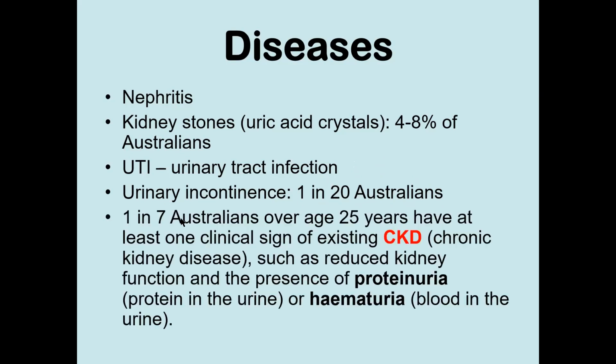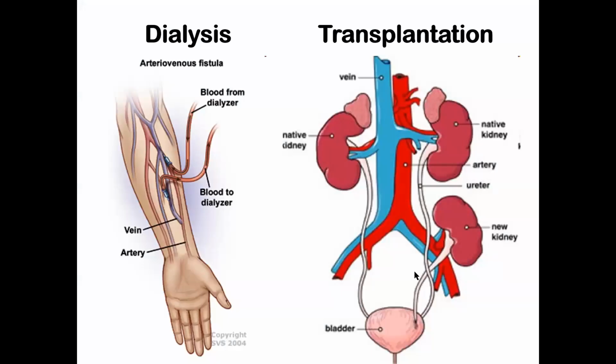Now, this is interesting. 1 in 7 Australians over 25 have at least one clinical sign of chronic kidney disease, like reduced kidney function, the presence of protein in the urine, and blood in the urine. 1 in 7. Amazing.